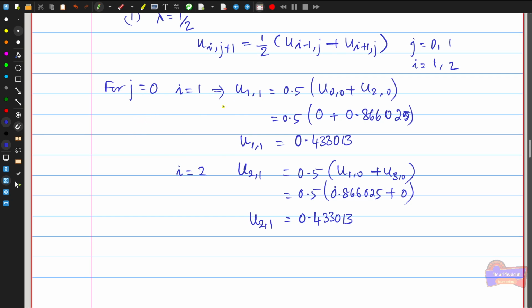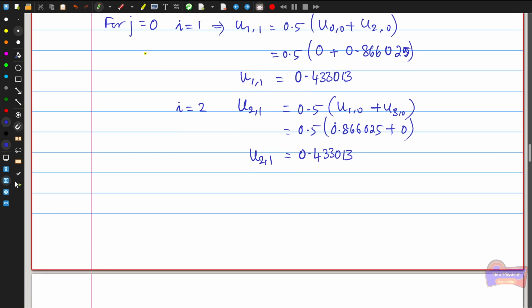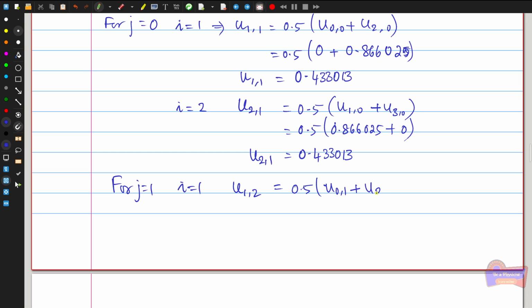Similarly, we repeat the same steps for j equal to 1. For j equal to 1, again we have to find the value for I equal to 1 as well as I equal to 2. So u of 1 comma 2 can be given by the equation 0.5 times u of 0 comma 1 plus u of 2 comma 1.